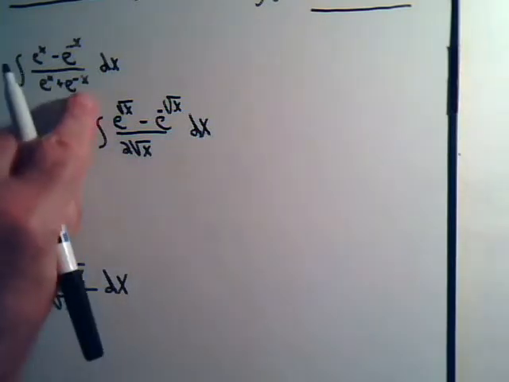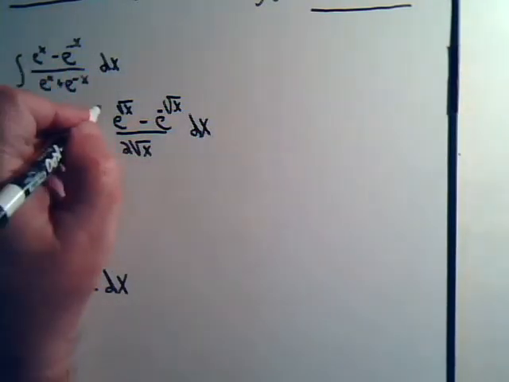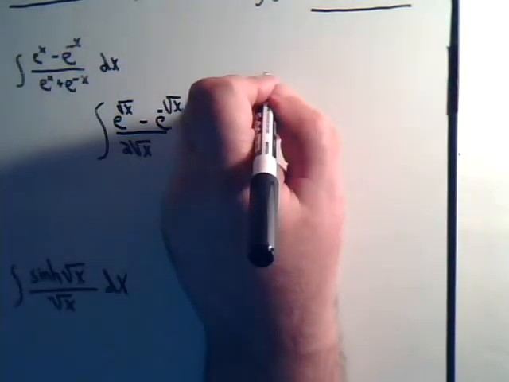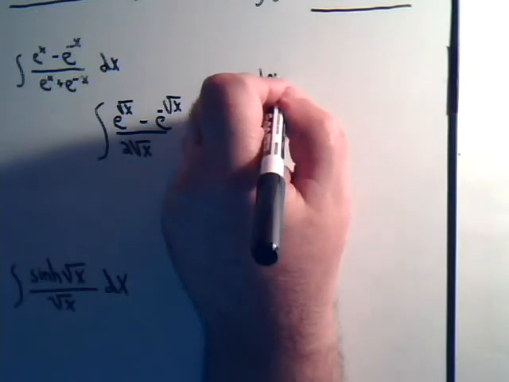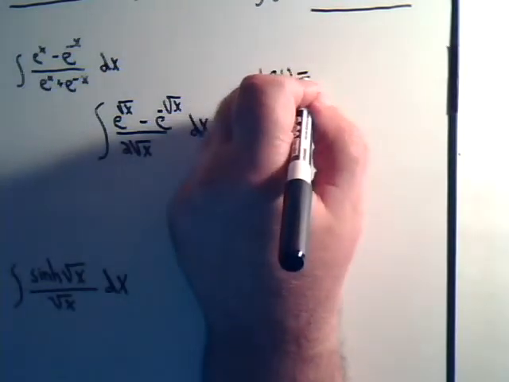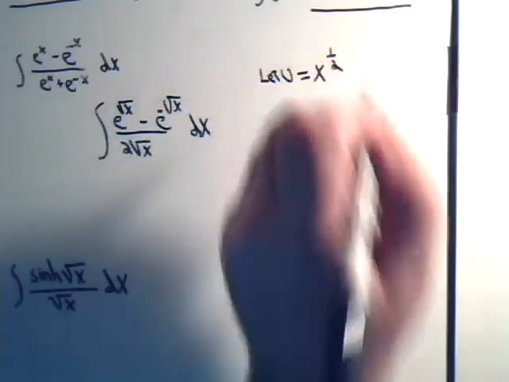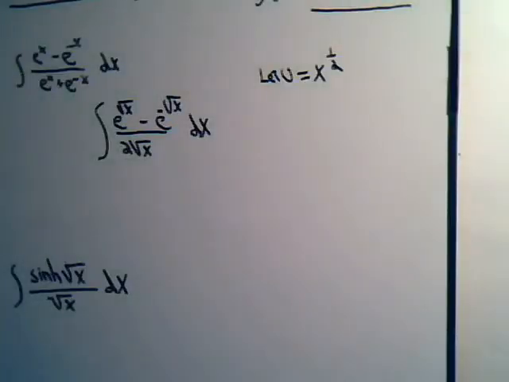Almost like the only thing that we could really attempt to do right now is to see if a u-du type substitution works out. Let u equal x to the 1/2.